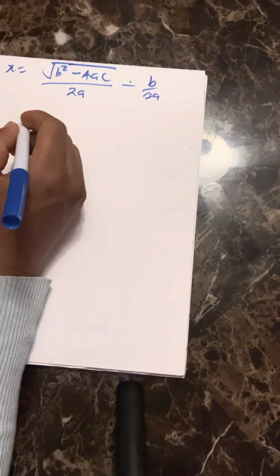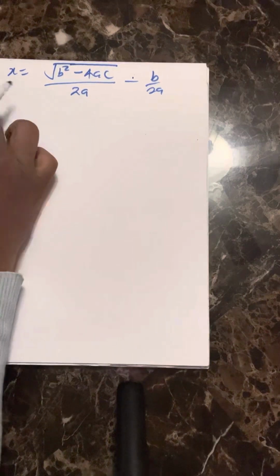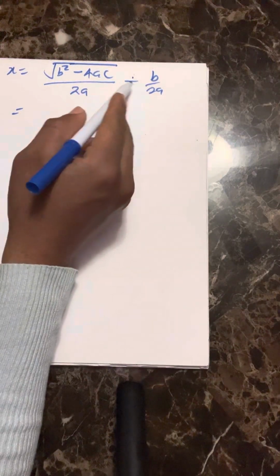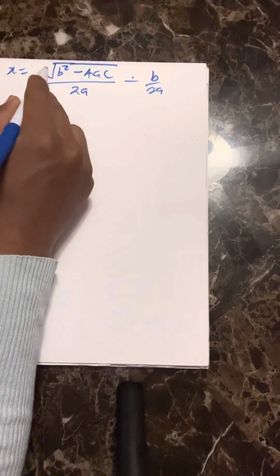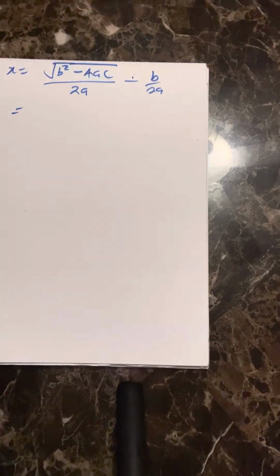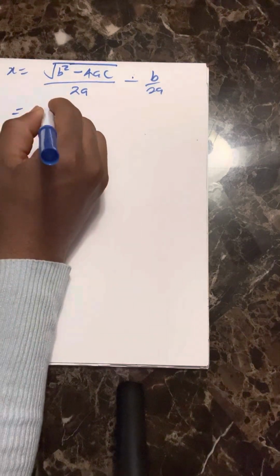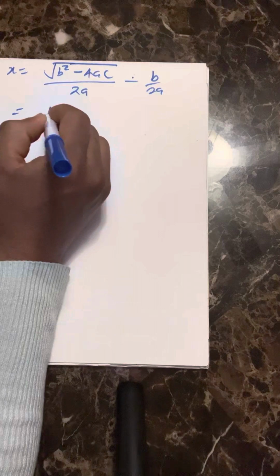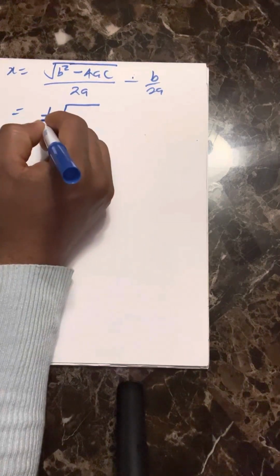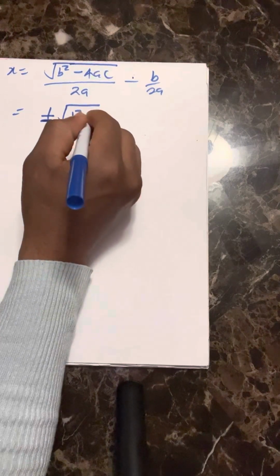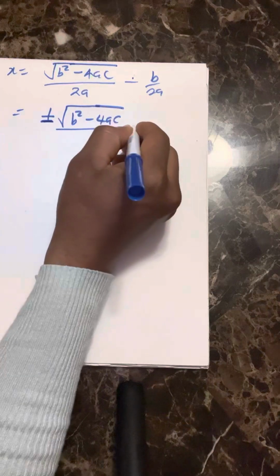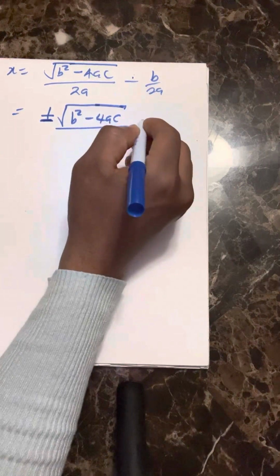So bear in mind that whenever you take the root of any real number, you have a plus or minus. You always write a plus or minus, because then b squared minus 4ac over this.